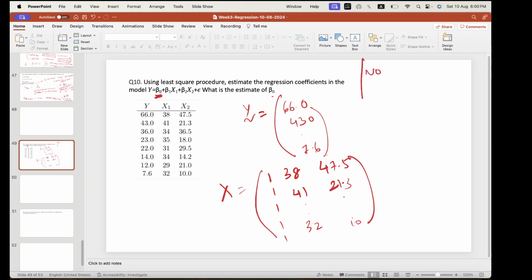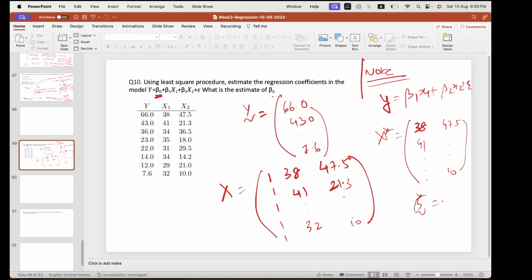But note, if you are asked to fit a linear regression without intercept, like beta 1 x1 plus beta 2 x2 plus epsilon, in that case your X matrix will not have the column of ones, it will only have your x1, that is 38, 41, and so on, and in that case your beta star will only have beta 1 and beta 2.